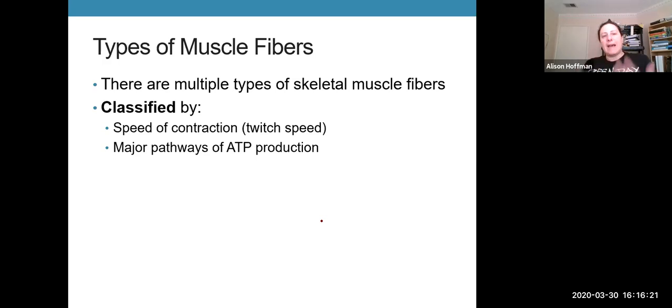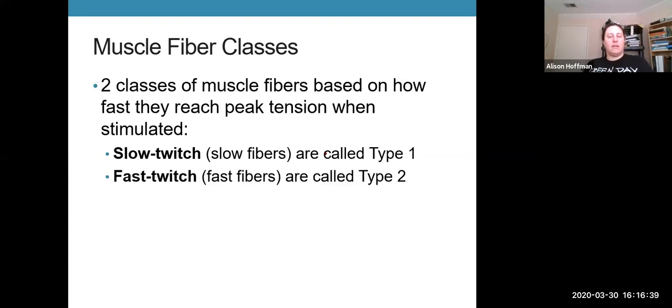So we categorize or classify them by two things: the speed of contraction and what source they use to make their ATP, so their preferred metabolic pathway. When we do that, we end up with two classes and three total types of muscle fibers.